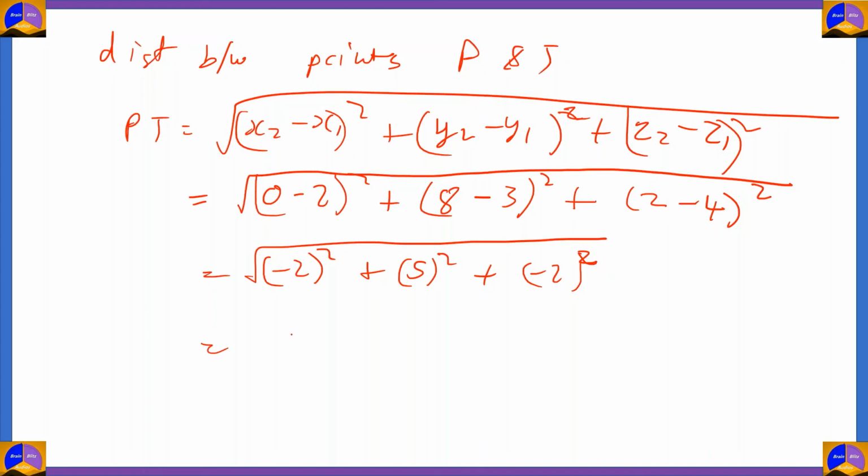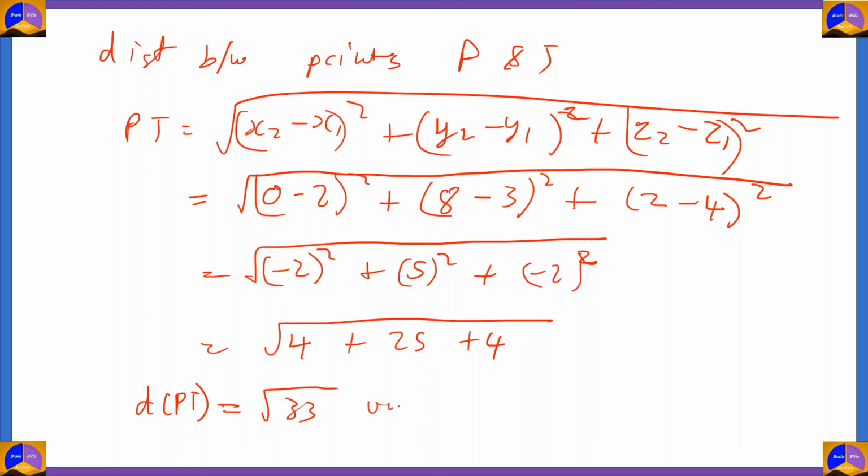So 2 square is 4, and 5 square is 25, and 2 square is 4. So our final answer, the distance of the point 2, 3, 4 from the line, which is parallel to the plane, will be equal to root 33 units. And that is our final answer.